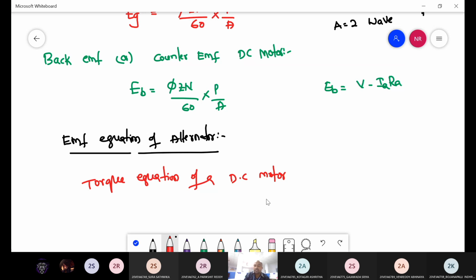We derived that T is equal to 0.159 into pi into Z into IA into P by A. Here pi is the flux per pole, Z is the total number of armature conductors, IA is the armature current, P is the number of poles, A is the number of parallel paths.